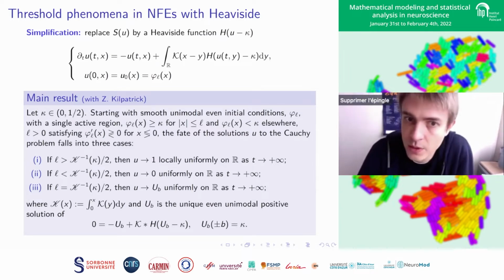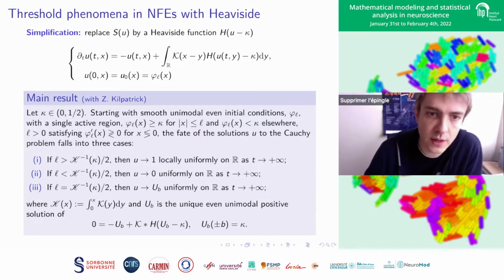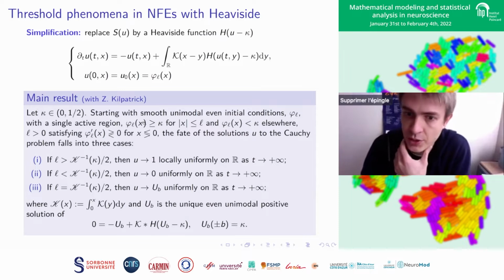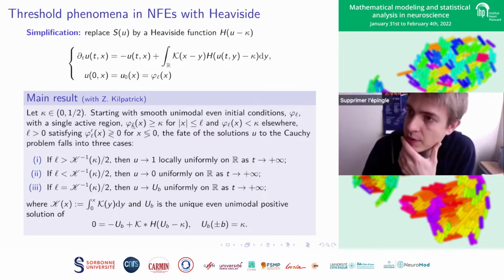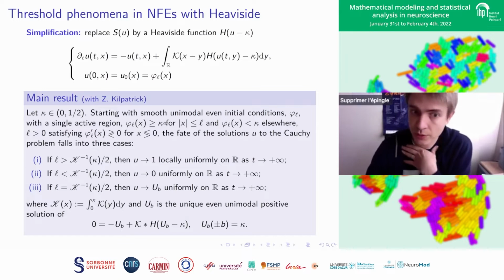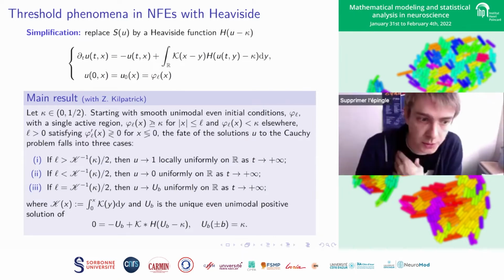But essentially what we found is that there is also a sharp threshold phenomenon in that case, for initial conditions that would be smooth and unimodal with only one active region. By one active region, what I mean is that only on some given interval, the solution is above the threshold.